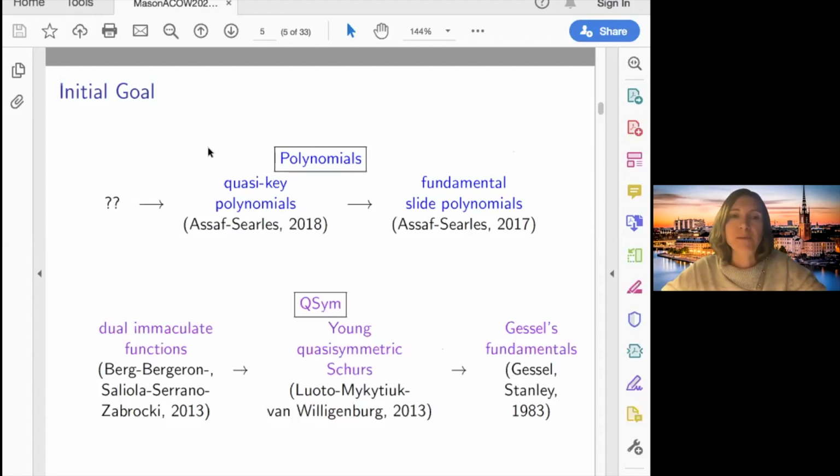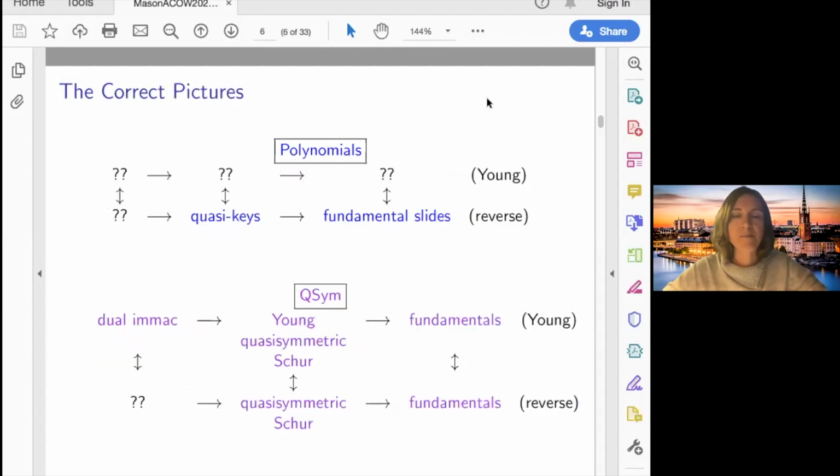Now, the problem is, when we tried to do this the naive way of just lifting the dual immaculates directly, they actually didn't expand into a positive sum of the quasi-key polynomials. And the reason behind that was something that we thought was just a phenomenon in the quasi-symmetric Schur picture, but turns out to be a much broader phenomenon that has some pretty interesting meaning.